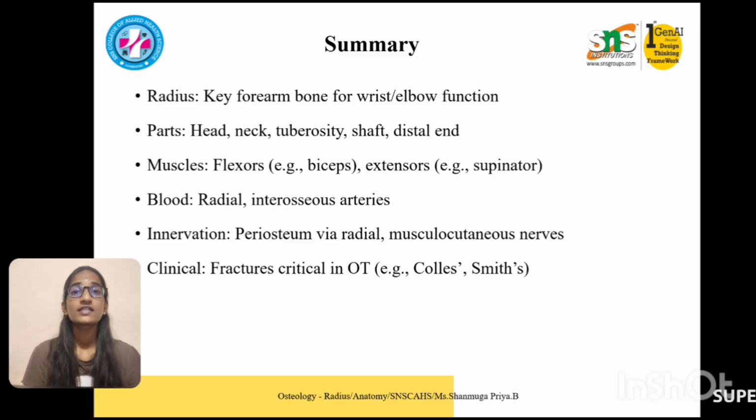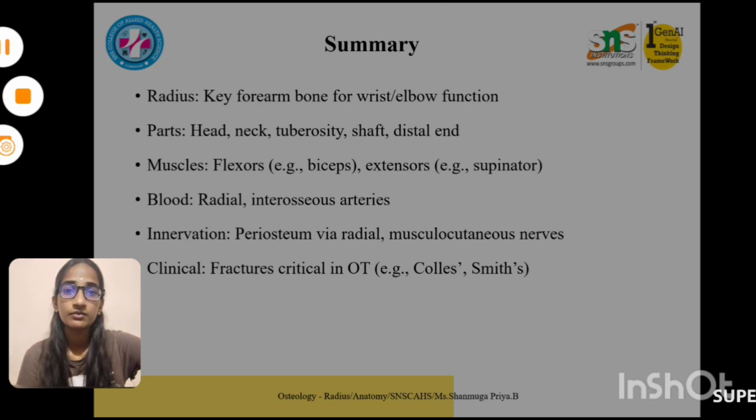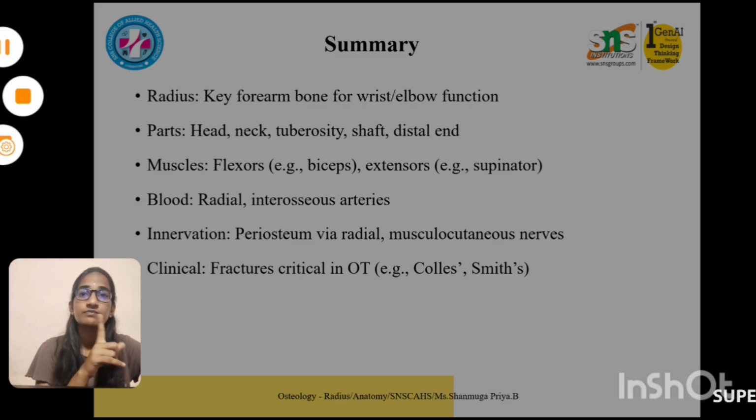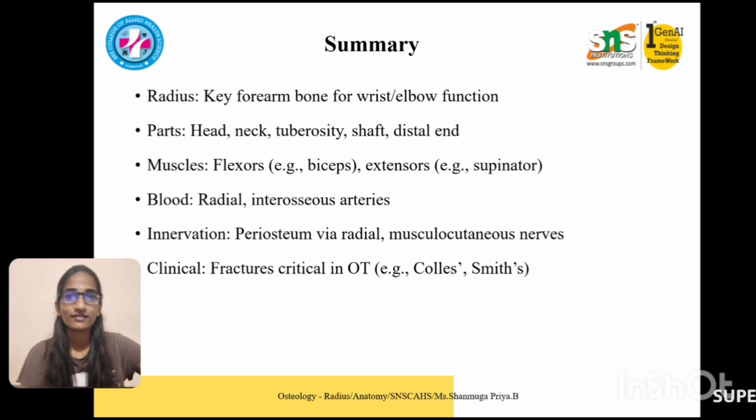The muscles include biceps, flexors, and supinator for the extensors. The blood comes from the radial arteries, with innervation via periosteal nerves. Clinically, watch for fractures like Colles in surgery. So this is the summary of this session, and now let's switch to its partner, the ulna.